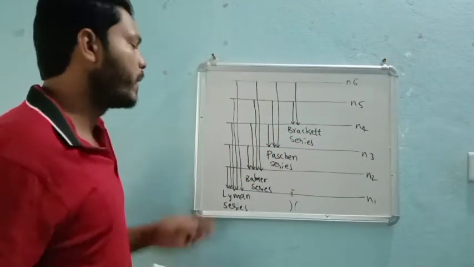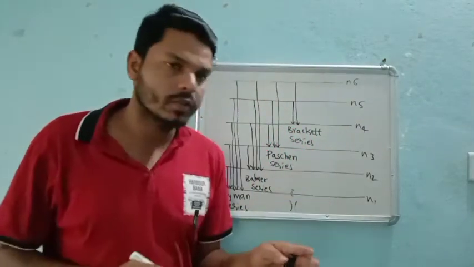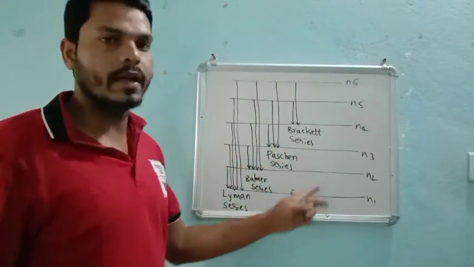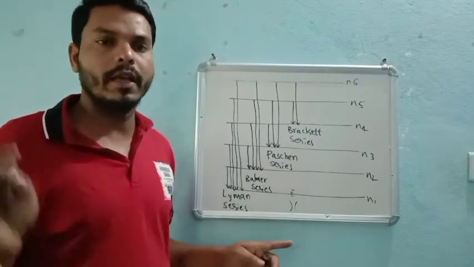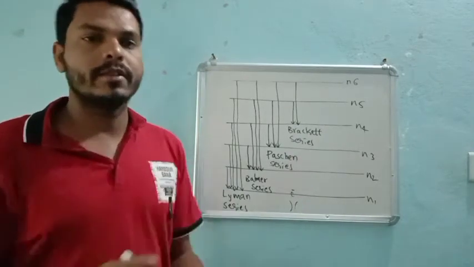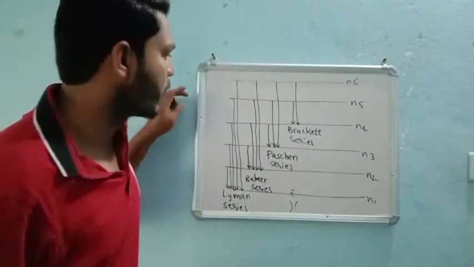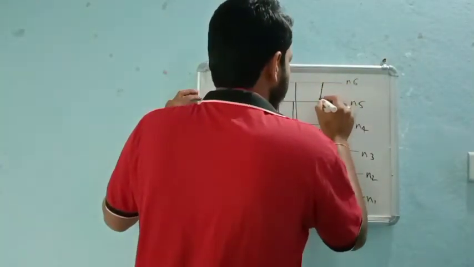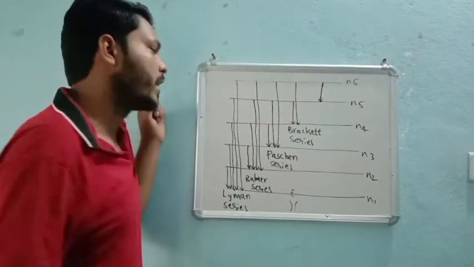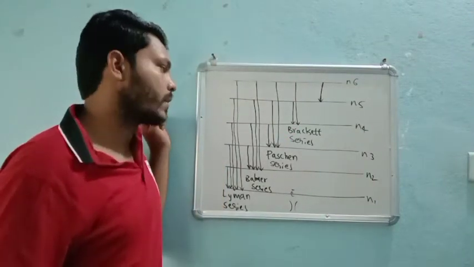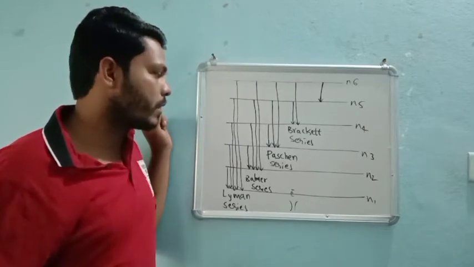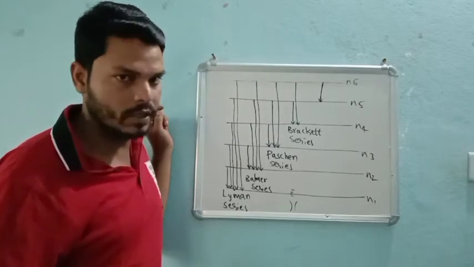So you will be having a minimum of one question on this diagram in your NEET, JEE, or else KCET, Karnataka CET, whatever the competitive exam may be. They will just ask you what is the ground state energy of the Brackett series, that is n is equal to 4, and what is the ground state energy of the Lyman series, n1, right?